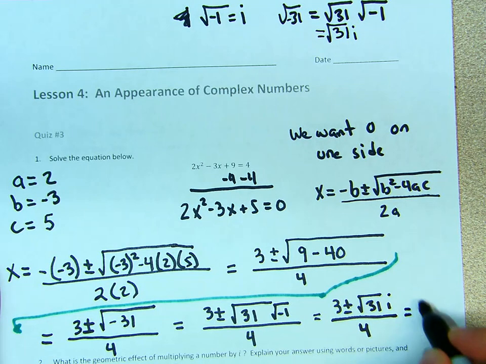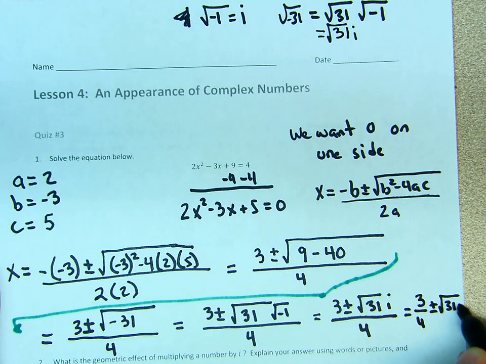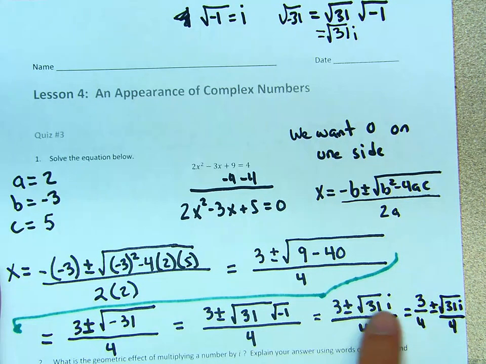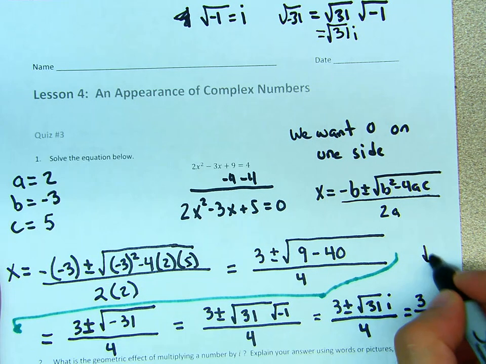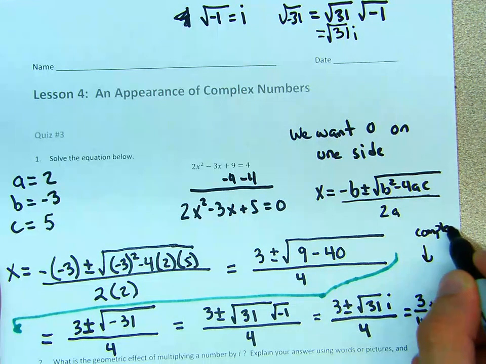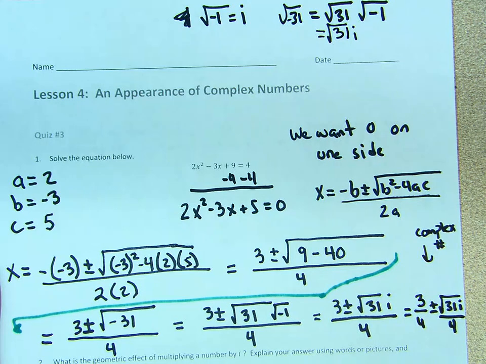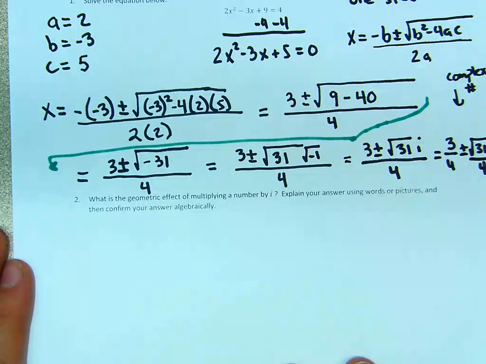And that's still equal to 3 over 4 plus or minus radical 31i over 4. And you see how here, if you had this, this was full credit, but this is a complex number because it's some a plus bi. Okay, let's go to the next one.